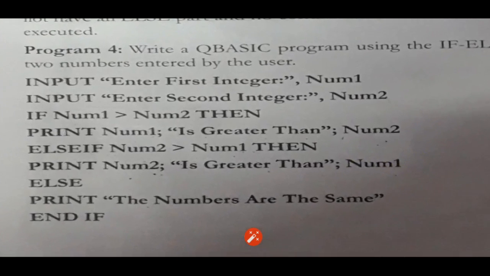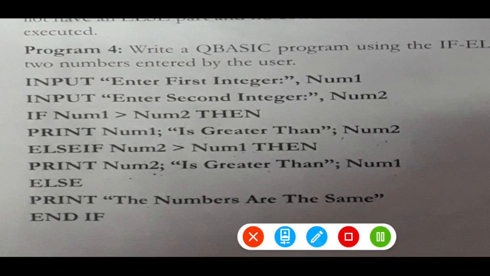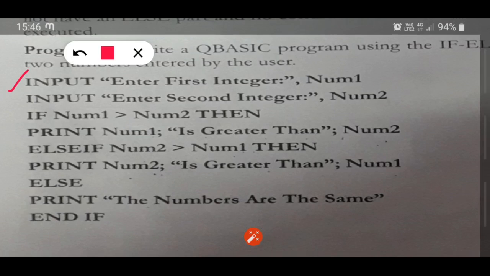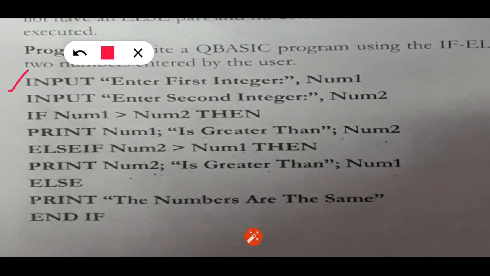Write a QBASIC program using the if-else statement for comparing two numbers entered by the user. First is the input statement. By the input statement you enter the first integer, which will be prompted on the screen when you execute your program.